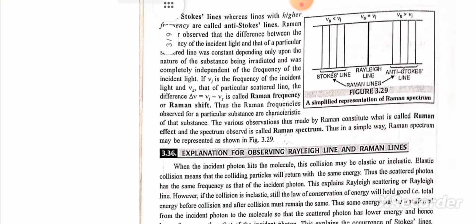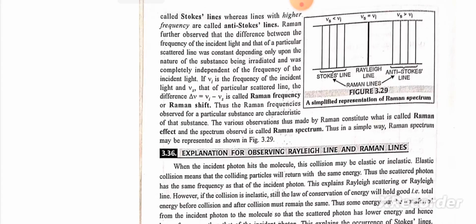Raman further observed that the difference between the frequency of incident light and that of the particular scattered line was constant, depending only upon the nature of the substance being irradiated, and was completely independent of the frequency of incident light. If mu I is the frequency of incident light and mu s is that of a particular scattered line, the difference delta mu is equal to mu I minus mu s, and is called Raman frequency or Raman shift.